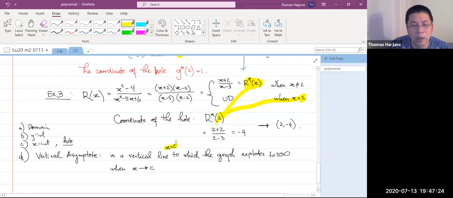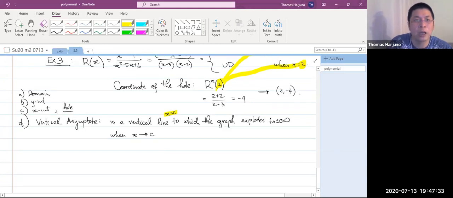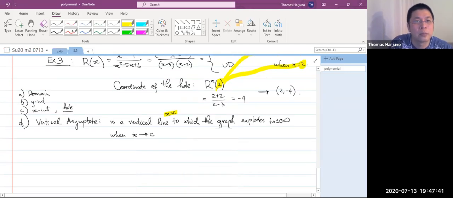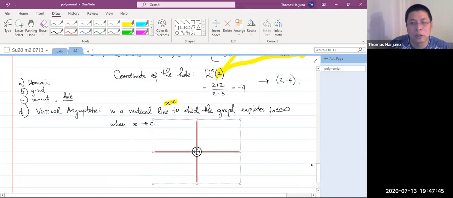Let's call that x equals c, such that as x approaches c, the graph will get to positive or negative infinity. So let's say we have a rational function, and then I have a vertical asymptote, let's say here.